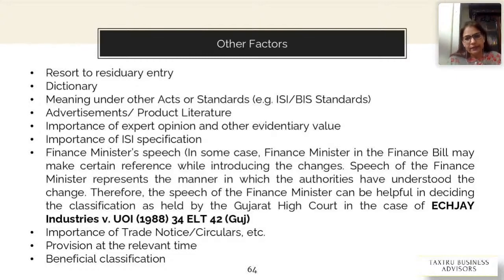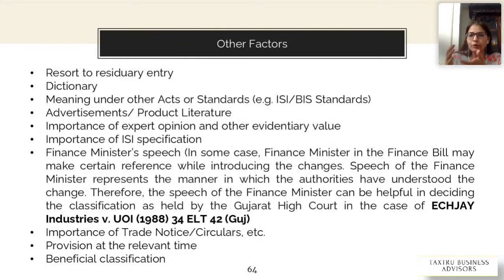The importance of trade notices and circulars will again help you. Then the provisions at the relevant time: what were the provisions at that particular point of time. In today's pandemic situation, there are so many changes coming up in the rate schedule. At times the product is prone to a higher rate of tax when we don't want it to be exported, or in case we want bulk imports, then we reduce the tariff on that particular product.